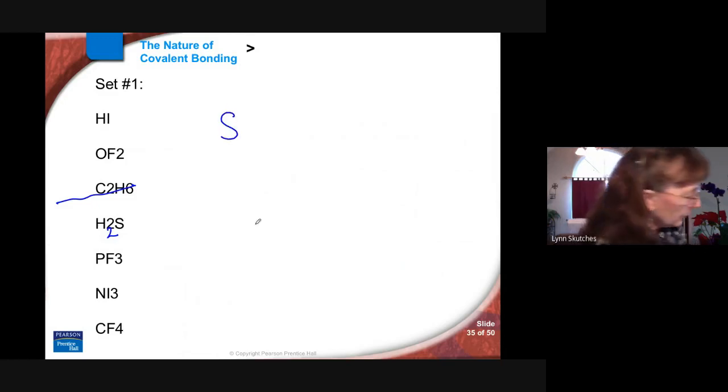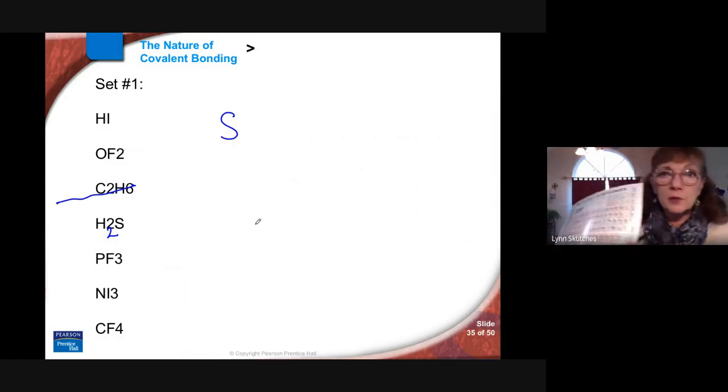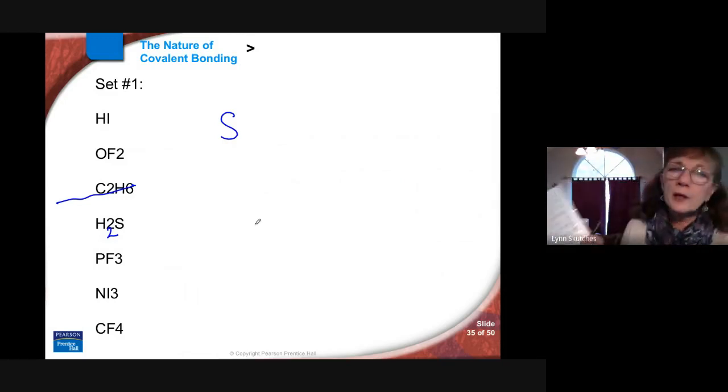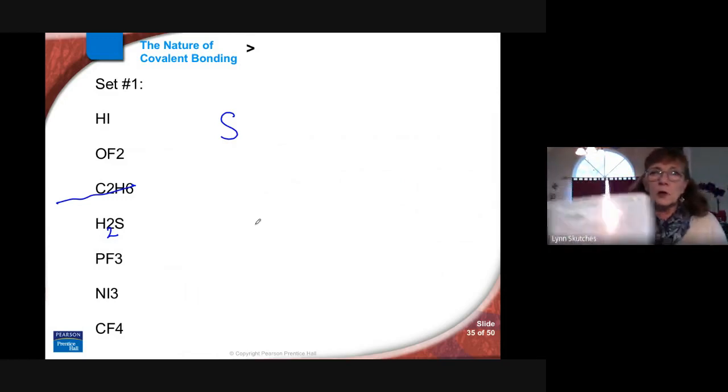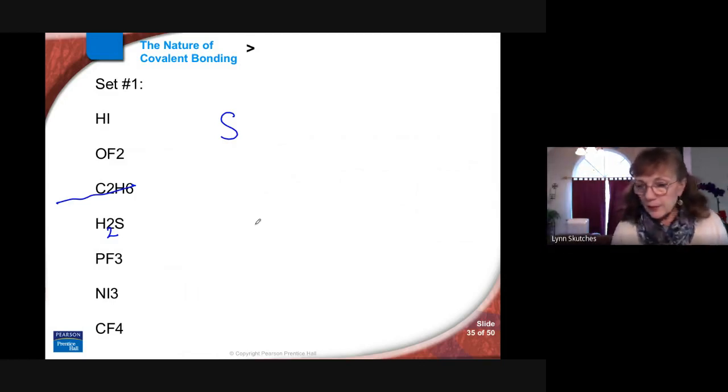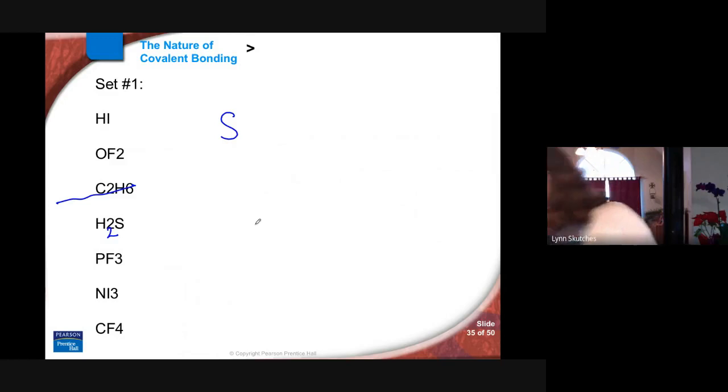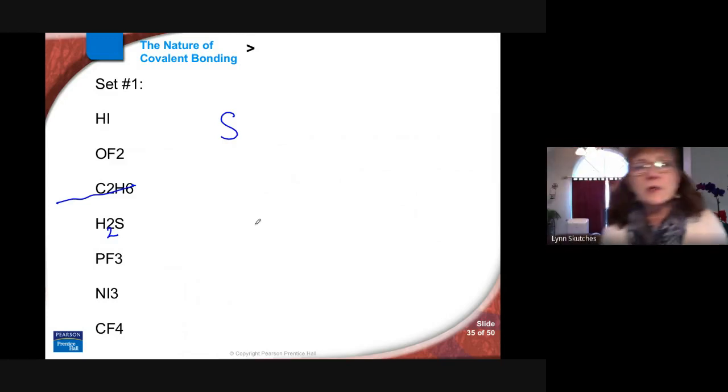And then I have to figure out what the valence electrons are for sulfur. Normally I'd be calling on people and asking you, but it's really hard to go back and forth between my presentation and your responses. So hopefully you guys know sulfur's in the same family as oxygen. It has 1, 2, 3, 4, 5, 6 valence electrons.